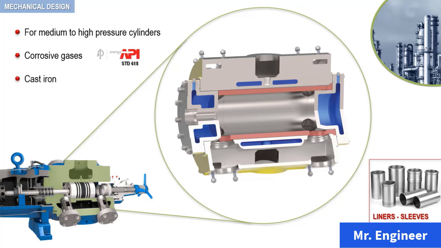Cast iron is used for liners unless the cylinder is high pressure, above 3000 psi on lubricated machines, and above 500 psi on non-lubricated compressors. On these, hardened cast steel may be used. For corrosive applications, a cast iron which contains 20% nickel is used.